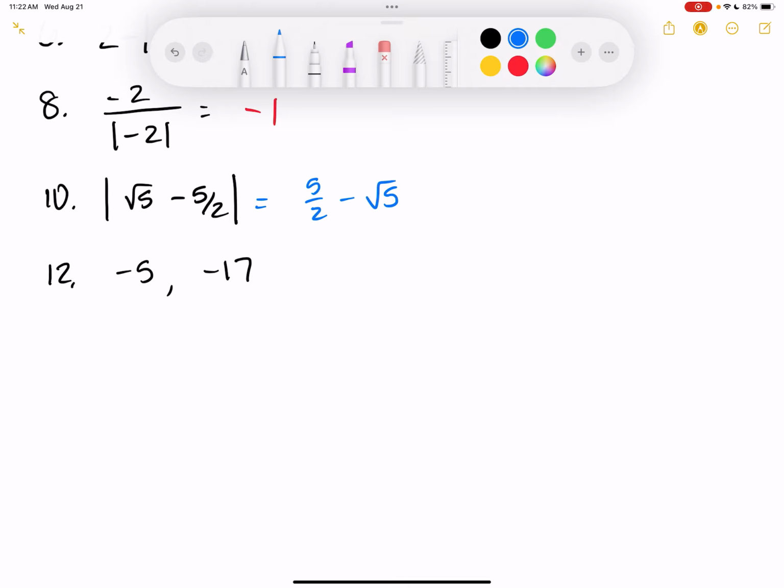So the absolute value of -5 minus a negative, so plus 17, would be 12. And that would be the distance between those.